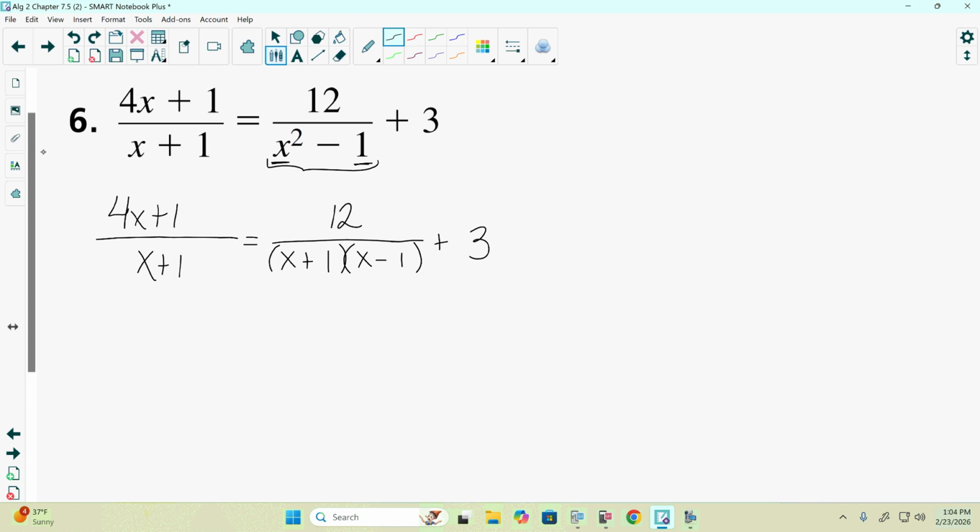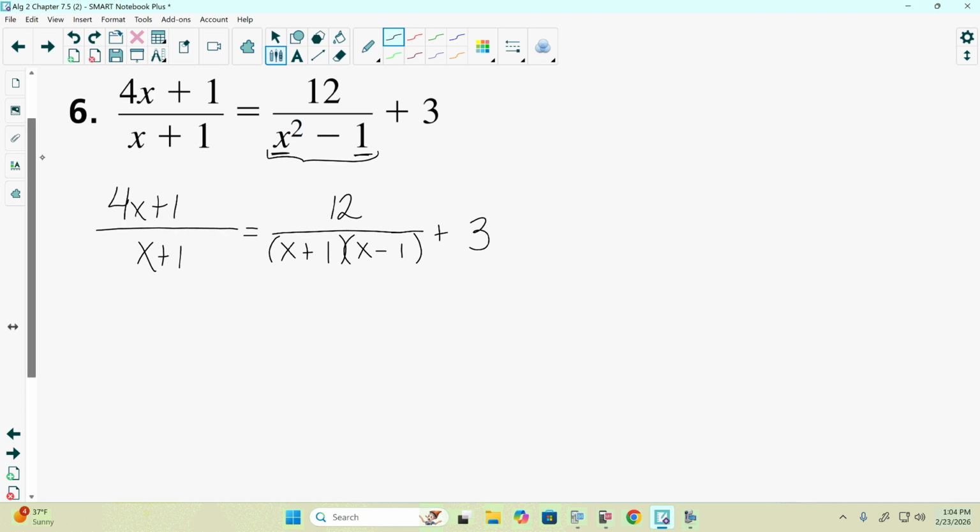So x squared minus 1 is going to factor to x plus 1 times x minus 1. Now that helps us find our restrictions, and it's also going to help us multiply by the least common denominator a little more effectively.